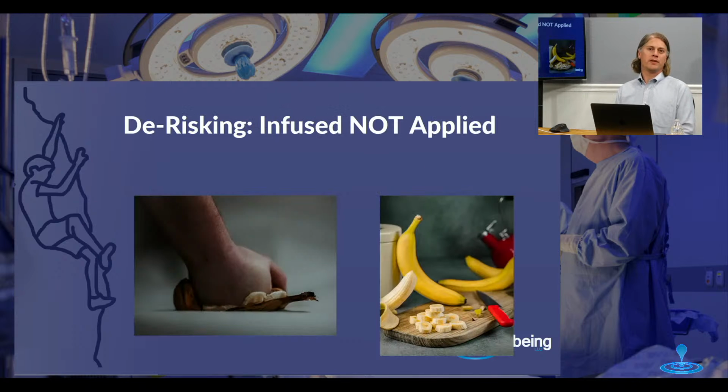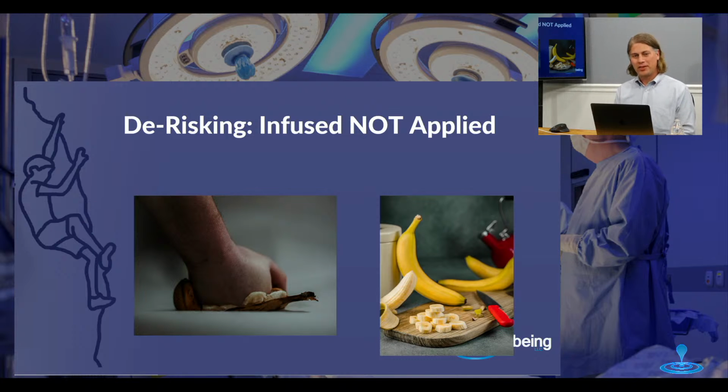And as we've said in previous weeks, de-risking is infused. It's not applied like some kind of a technique that you do, you walk in, you walk out, and then suddenly everything's better. It's something that has to permeate the culture. In a previous week, we talked about the similarities between the idea of quality and of de-risking, and it was Edward Deming himself, the father of quality, who said that the quality department shouldn't exist.